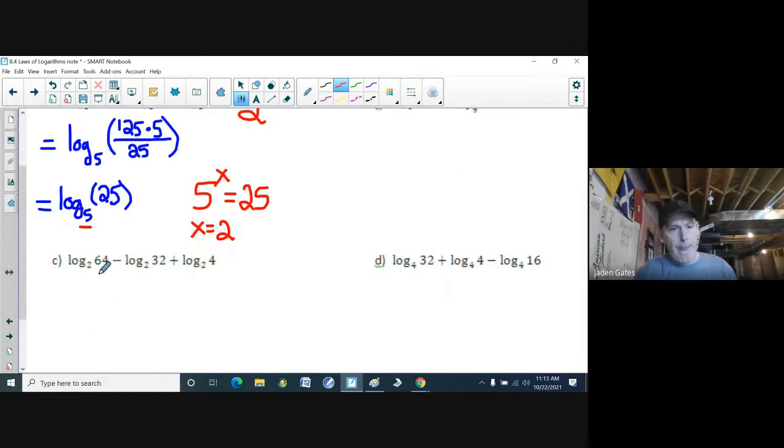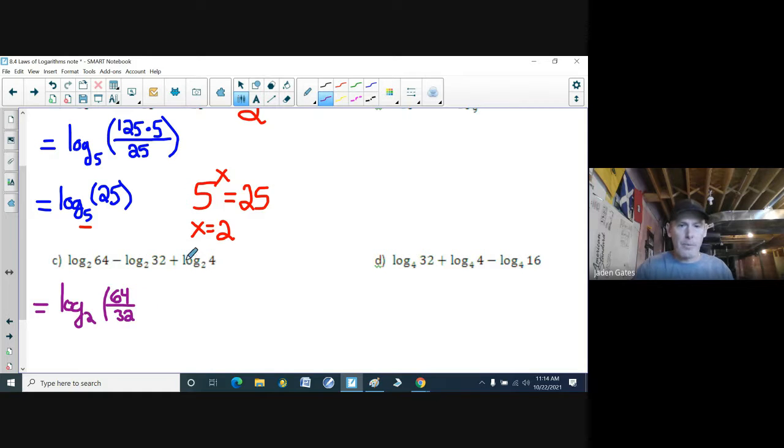C. All right, so we've got log base 2 of 64 minus log base 2 of 32 plus log base 2 of 4. Again, I can write this first as a single logarithm, log base 2. First off, I'm going to have 64 divided by 32.